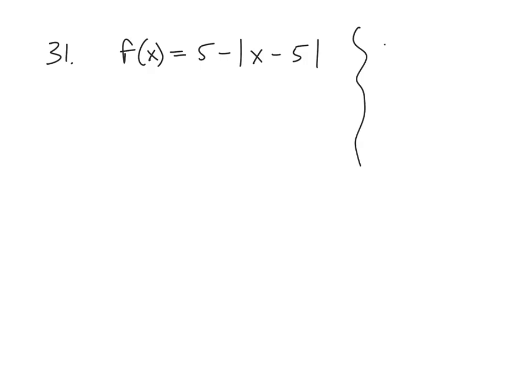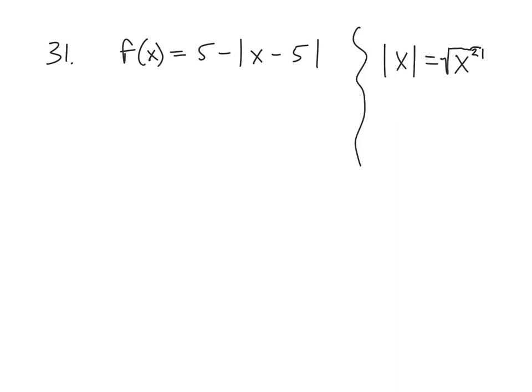The absolute value of x, well, we can think of that as x squared, right? If we square x, it's going to make it positive. And then we can take the square root of x squared to bring it back to the positive square root, which would be the positive of x.